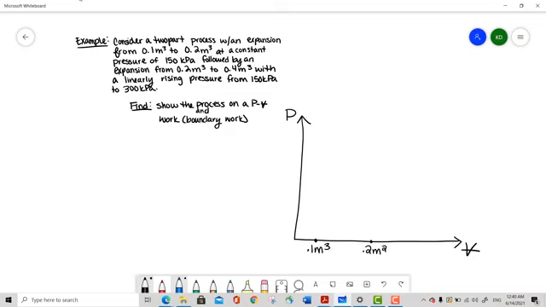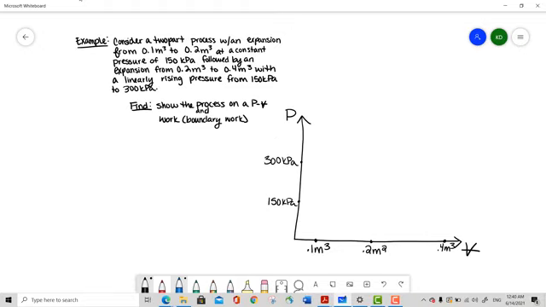And then it's followed by an expansion from 0.2 to about 0.4. Okay, so we've got our digits for that. And then what's our pressure looking like? We've got 150 to 300. So let's just do 150 here and about 300 here.